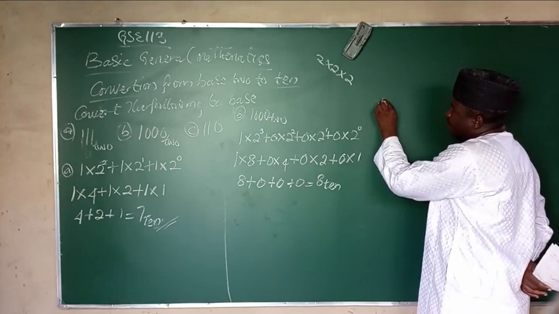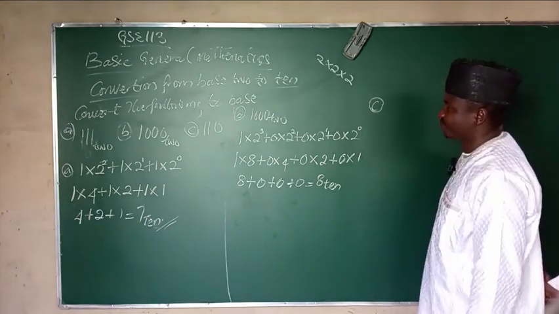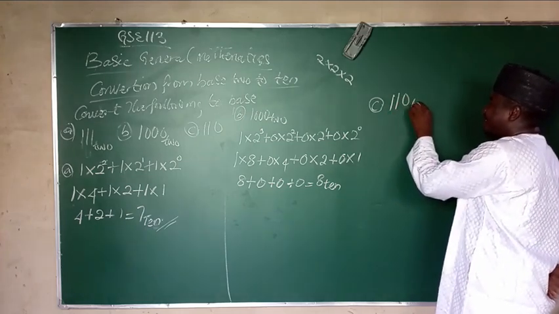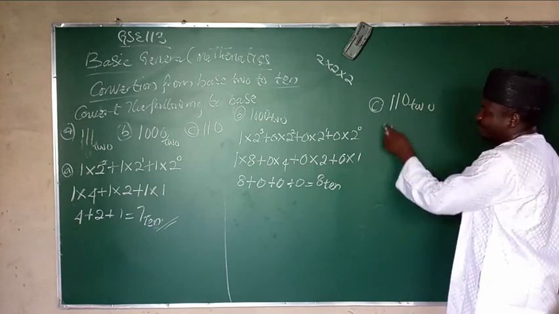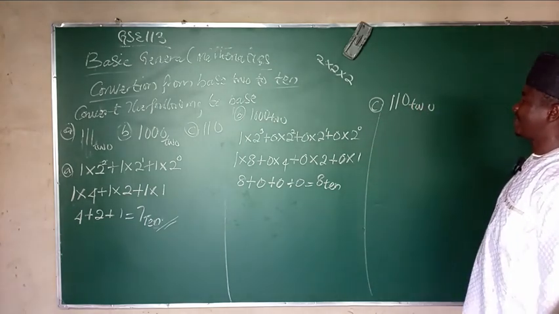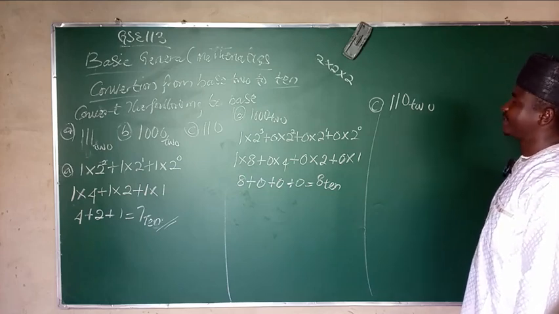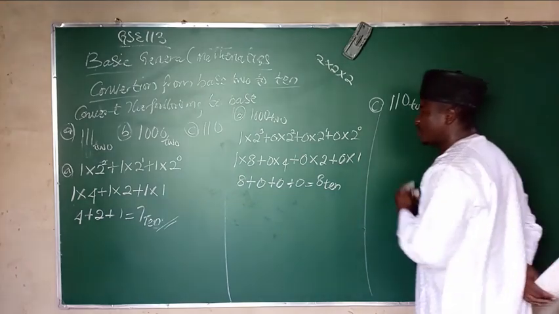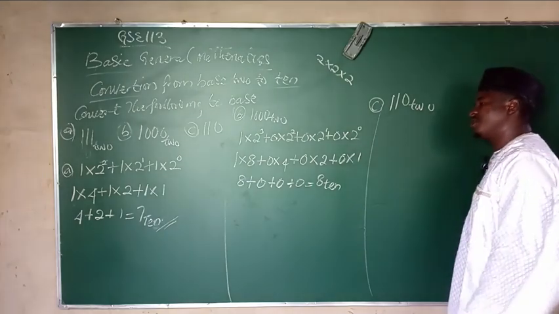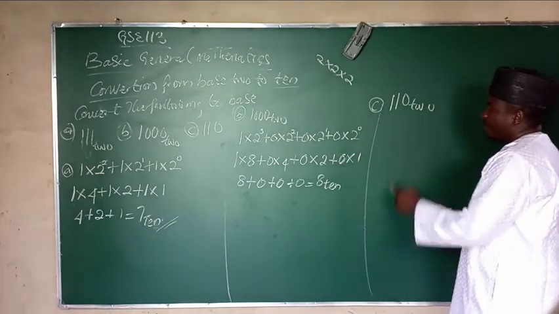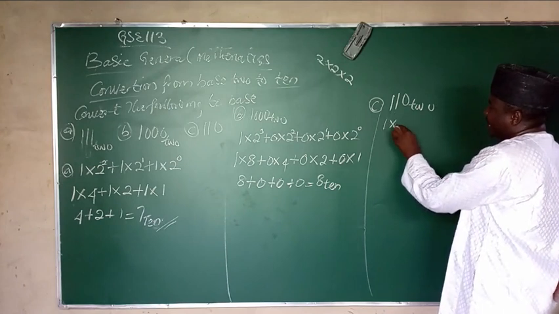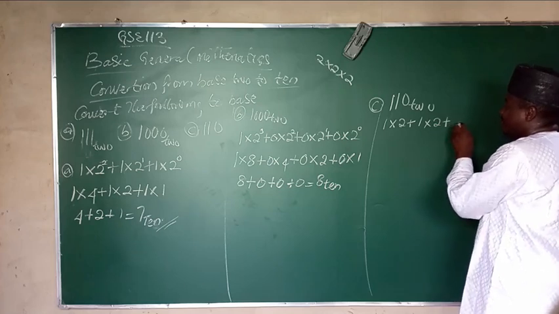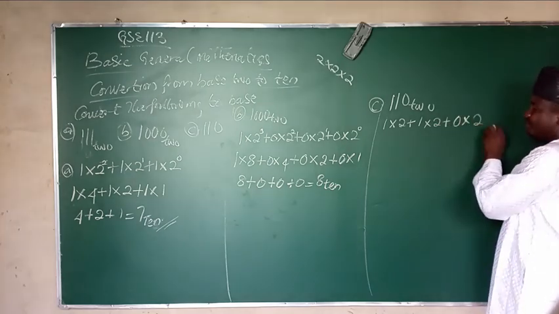Then going up to C, that says 110 base 2. We are also given this one to convert from base 2 to base 10, which we are going to do following the same process we have followed in solving A and B. Therefore, in this case, we have 1 times 2 plus 1 times 2 plus 0 times 2.